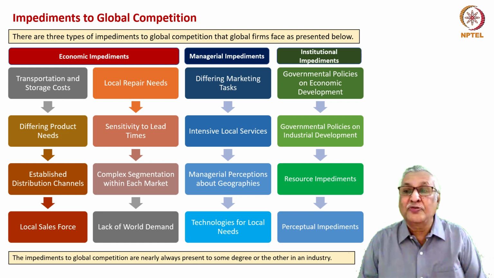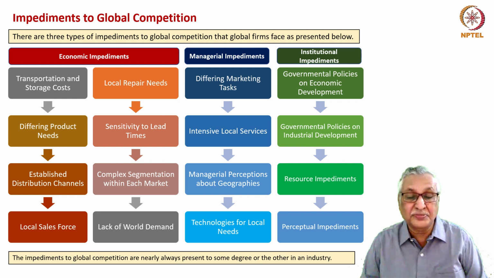From the point of view of institutional impediments, government policies on economic development in various nations act to the support or to the detriment of global companies. Governmental policies on industrial development, resource impediments, perceptual impediments, viewpoints of competition commissions in several countries, all of these things have impact on global competition. They are always present to some degree or the other in different nations.